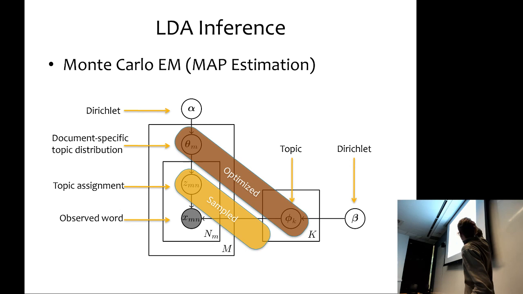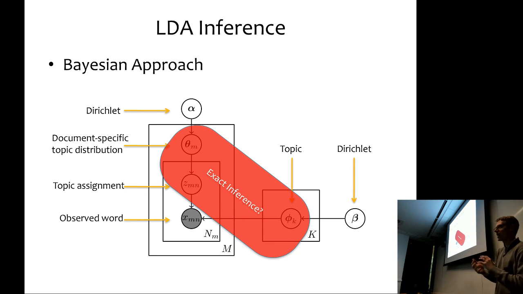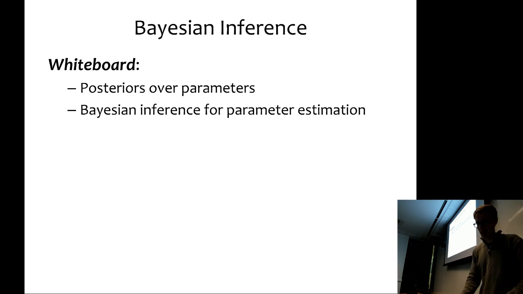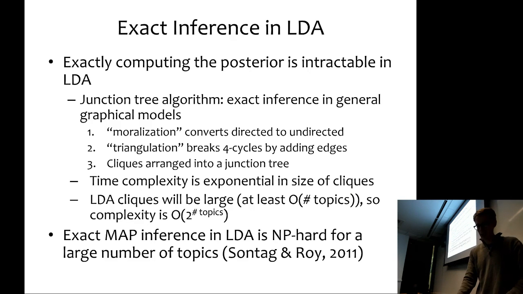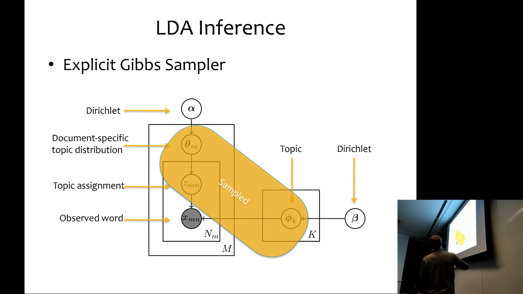Once you're sampling, you might say to yourself, why don't we just do the full Bayesian thing and do exact inference directly over the parameters that we care about? We'll see that that's not going to work out, and instead we'll say, maybe we could then sample all the parameters and the topic assignments.